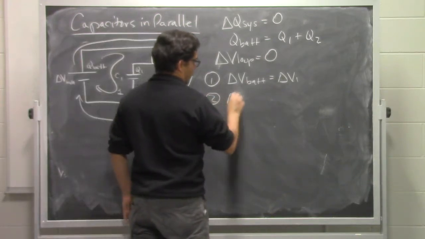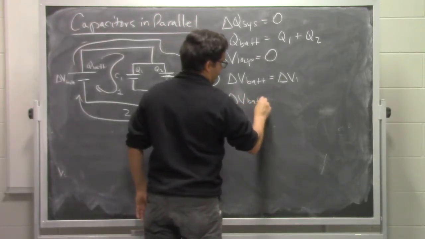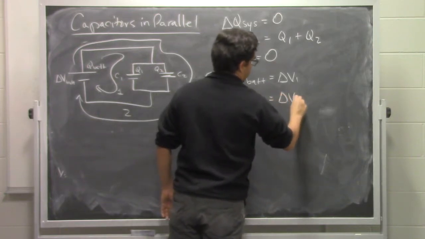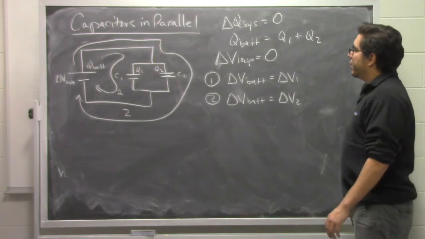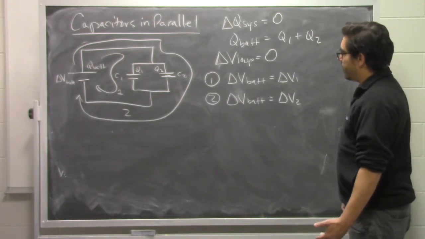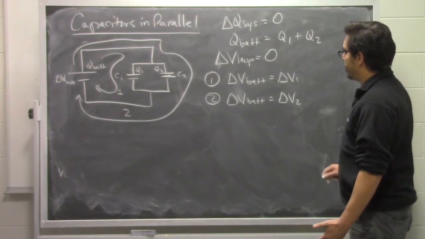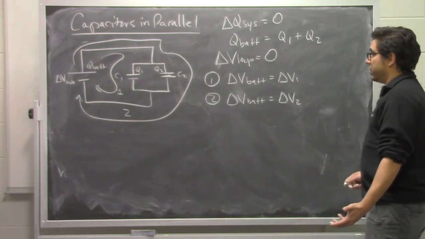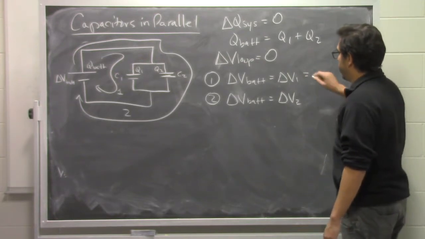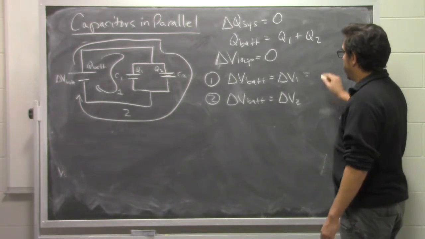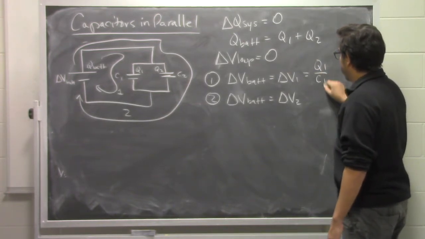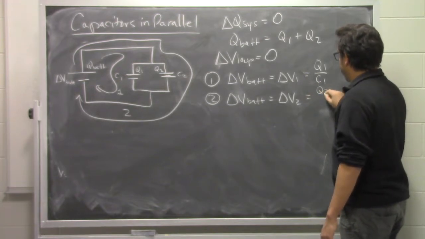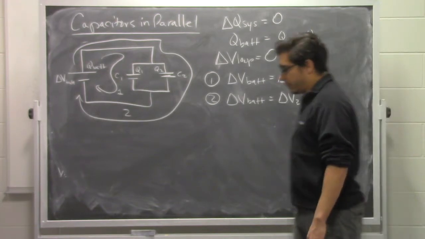And whatever the potential difference is across the battery in loop 2 is going to be equal to whatever the potential difference is across capacitor 2. Okay? So we can think about this in terms of the capacitance. Each of these is equal to its own charge, Q1, divided by its own capacitance, C1, and similarly Q2 and C2.